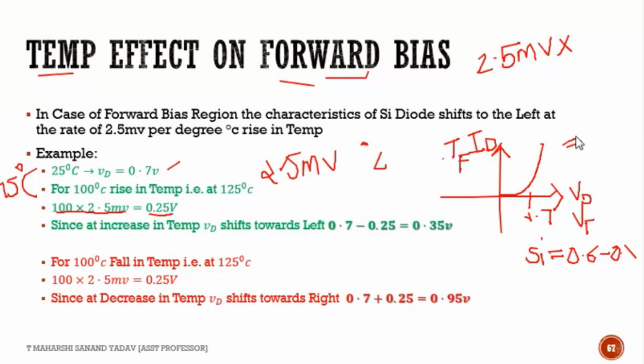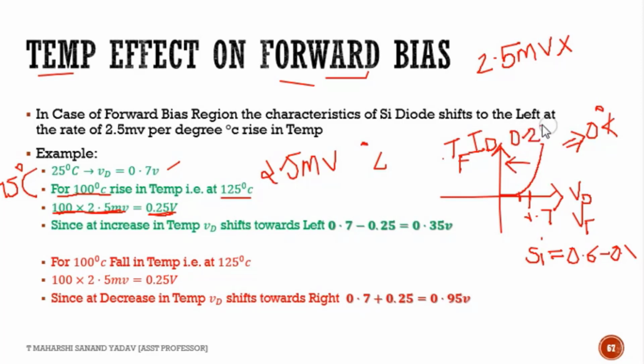Suppose at 0 degree Kelvin I'm getting this graph at 0.6 and 0.7. Now I'm increasing the temperature, by 100 degrees centigrade, so the total will be 125 degrees centigrade. So you simply multiply: 100 into 2.5 millivolt gives 0.25. This means the graph will shift to the left side.